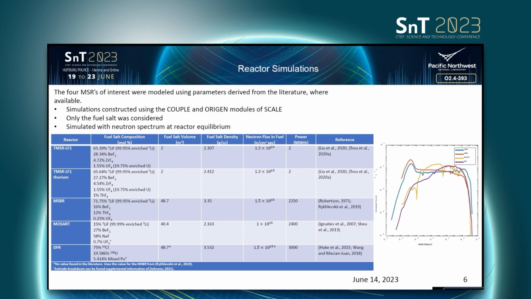Simulations were constructed using the couple and origin modules of SCALE. Only the fuel salt was considered for the fission product generation. The blanket salt was not. And the simulated neutron spectra at the right there, that graph, is for the reactor at equilibrium. You can see the TMSR and MSBR there have the nice little thermal peaks in the spectra.